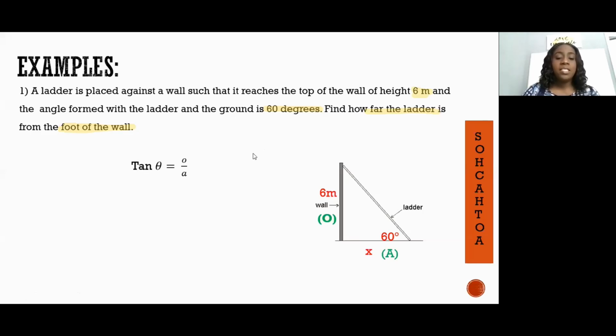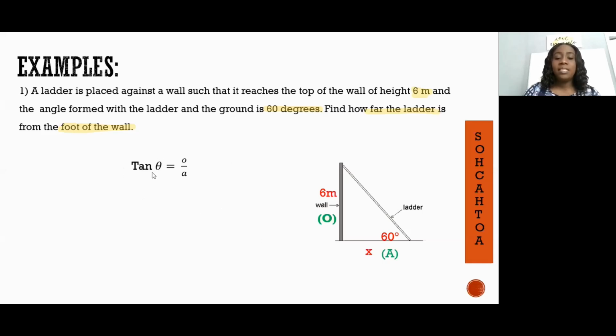Now I'm going to substitute. I'm going to replace this thing here, which is called theta, with what number? Very good.